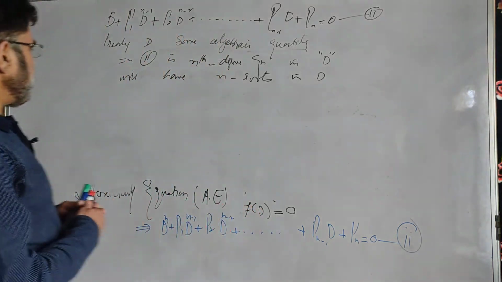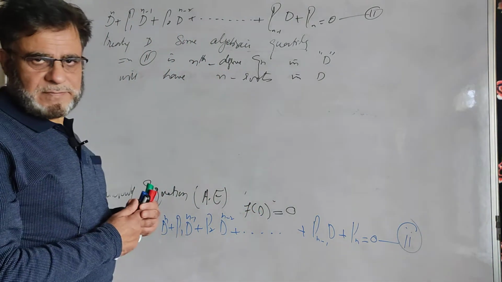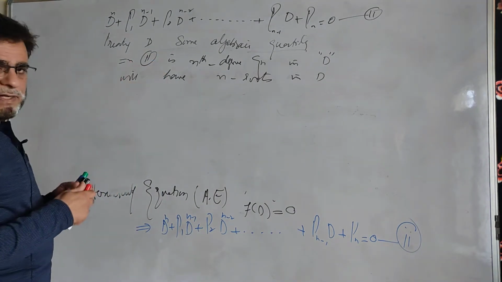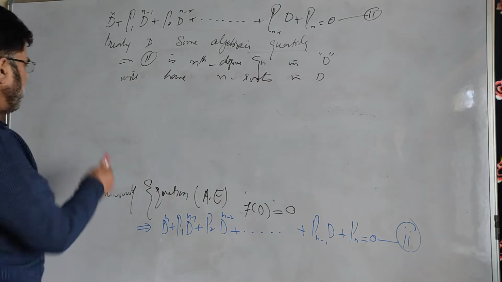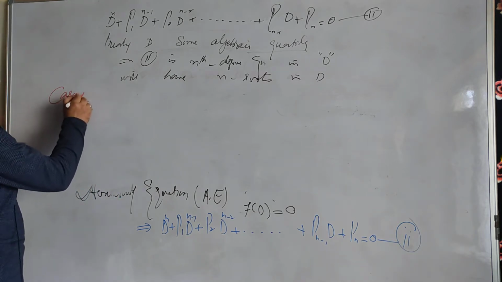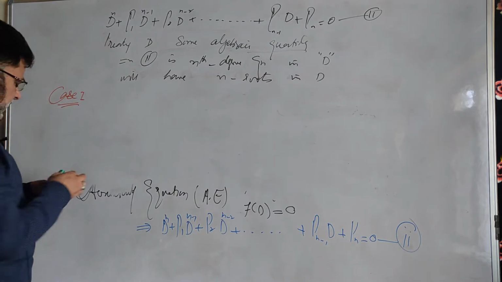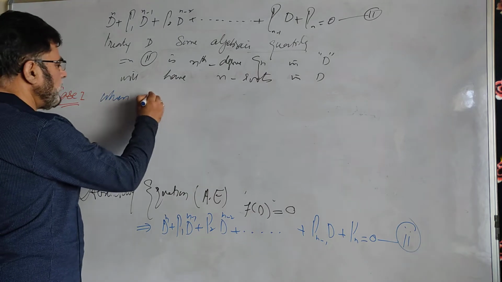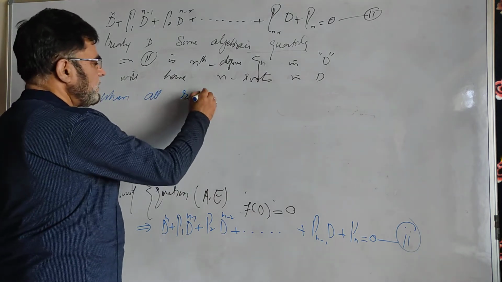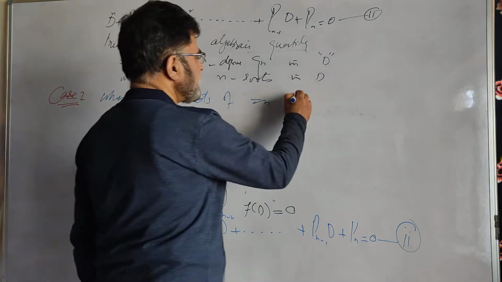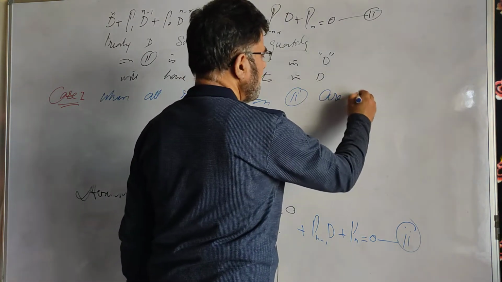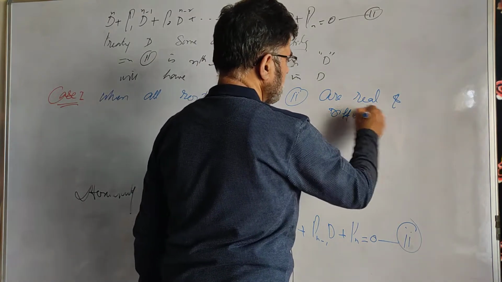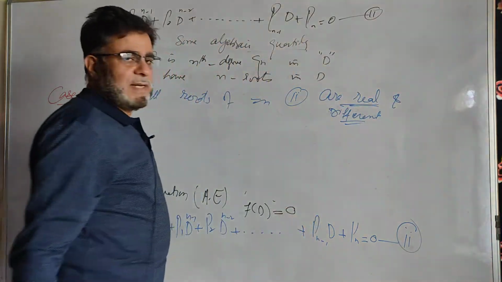Okay, I will consider here different cases. I will take case number first. You have come to know that it will now have n values in D, n roots. Case first will be when all roots of equation second are real and different.